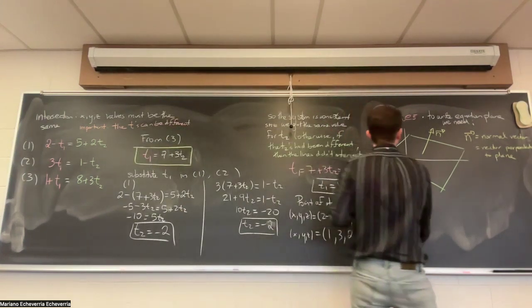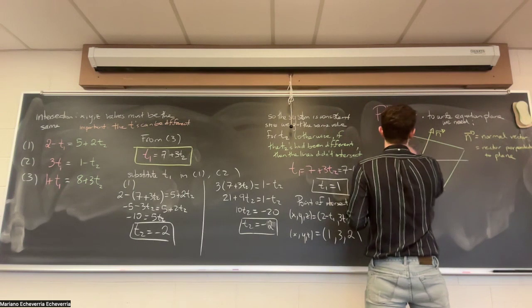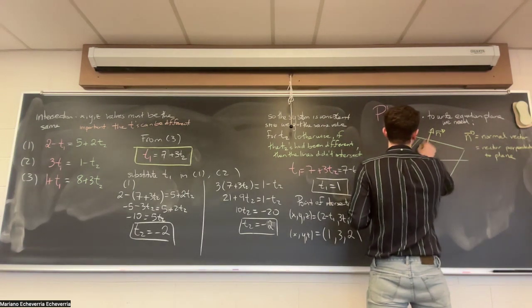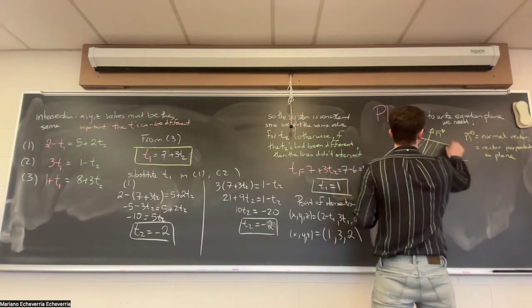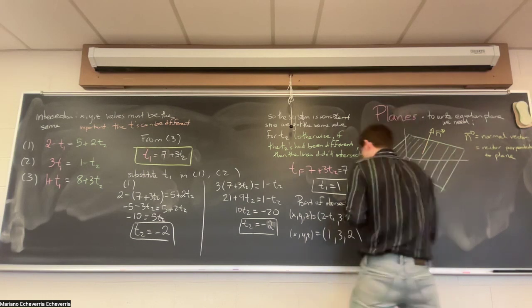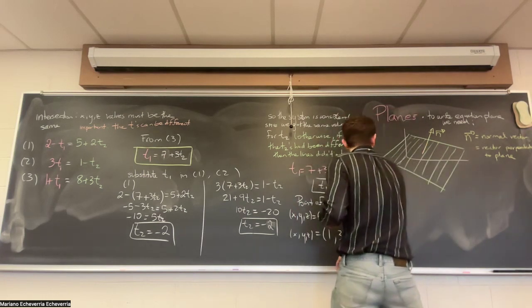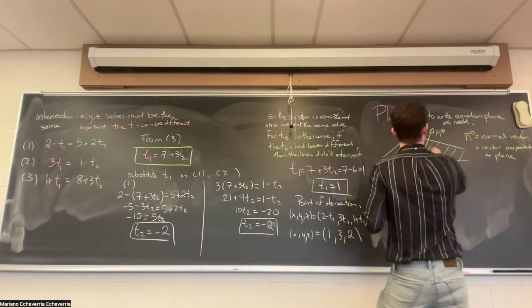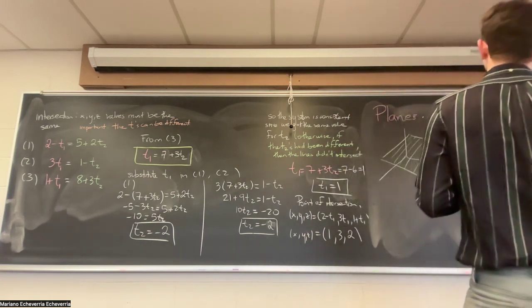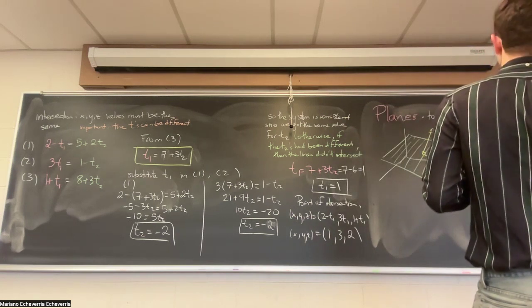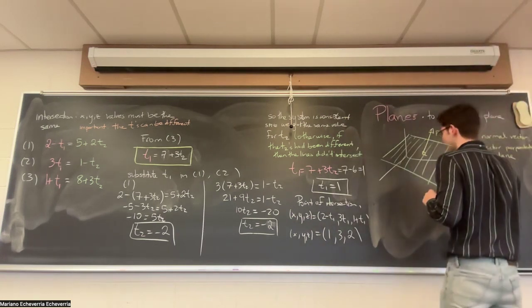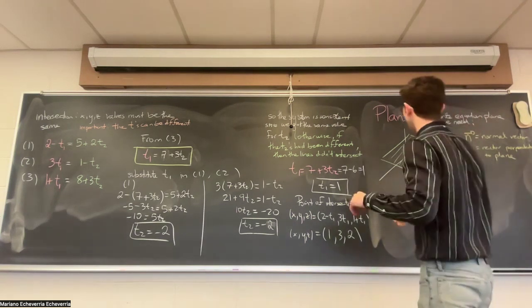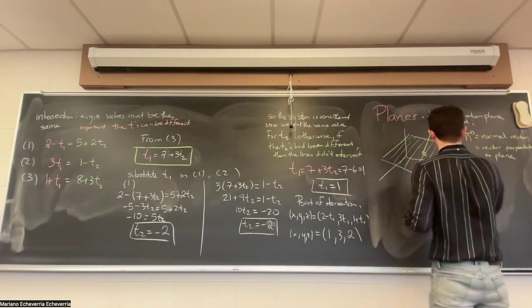Let me see if I can emphasize that the plane is kind of this piece of paper. There's a 90-degree angle between the vector and the plane. And the other thing you need here is the point P naught.